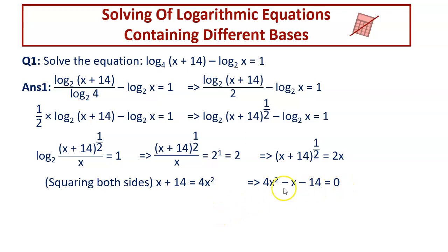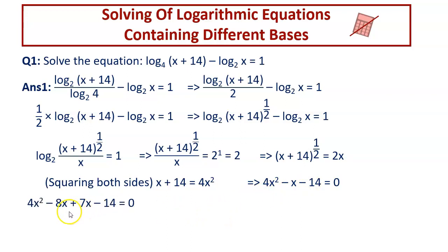In order to solve a quadratic equation, we usually take all the terms on one side of the equal to sign and keep the other side equal to 0. So I have done that, and you have to factorize this using the middle term splitting method.